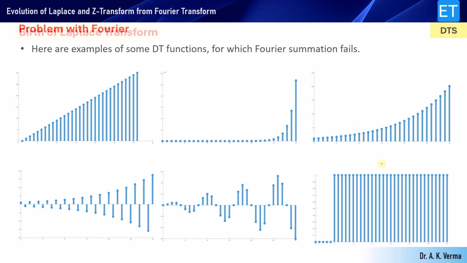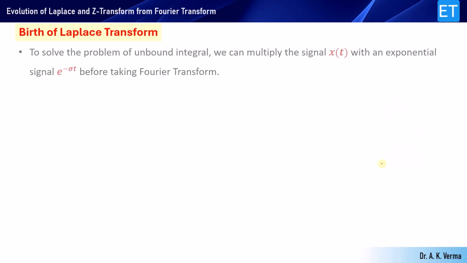Okay. So now the question is how to deal with this problem. So let's see. To solve this problem of an unbounded integral, we can multiply the signal x(t) with an exponential, let's say e^(-sigma t), before taking the Fourier transform.